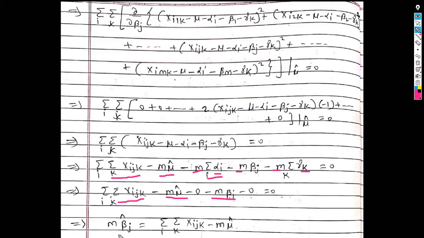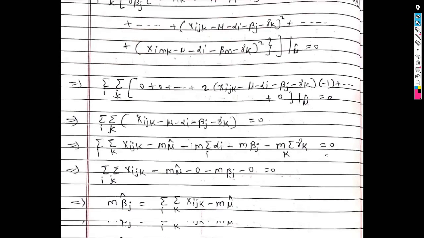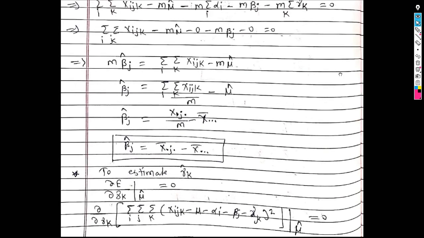Now we want to estimate beta j, so we take beta j to the LHS of the equation. So m into beta j hat equals the summation of xijk minus m into mu hat. Divide by m throughout the terms. So we get beta j hat equals the summation over i, summation over k of xijk upon m, minus mu hat.